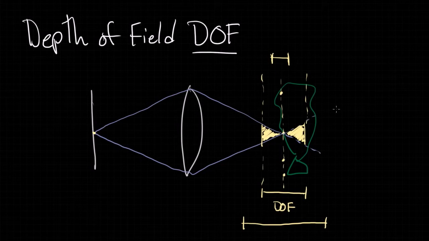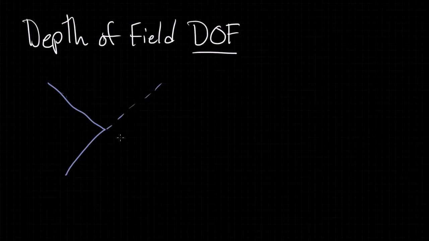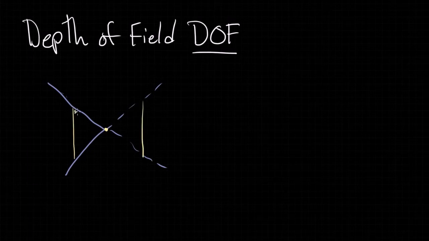So let's take a look closer in here and see what's actually happening, and then we'll understand how we can control it. So taking a closer look at our area of focus, we have this area here around the point that we're going to be focusing on here. Now, as the light spreads out, we have a limit here where things are still considered in focus.